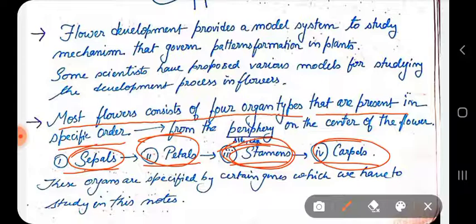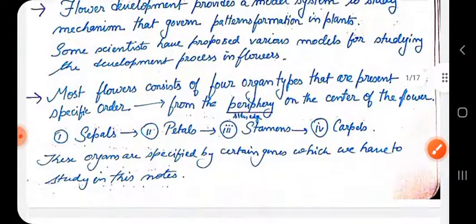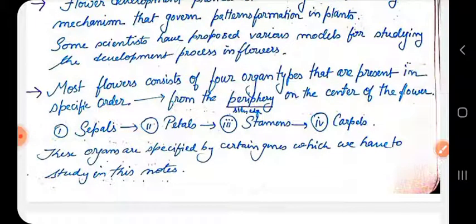Obviously, it's not that petals come last, or sepals come first, or stamens come second at random. It is quite regulated; they develop in a regulated manner. We all know that all these things are developed by specific genes.